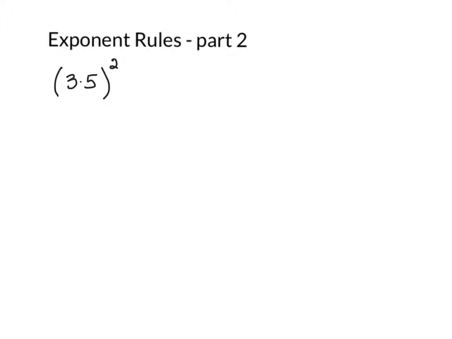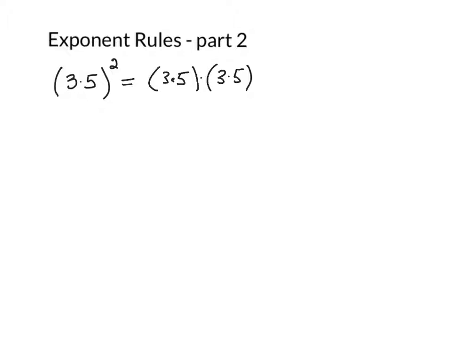Okay, so a 3 times 5 squared, that would mean I have a 3 times 5 here. Since I'm squaring it, I would multiply it by itself 2 times, so this would be another 3 times 5. So I've got a 3 times 5 times another 3 times 5.